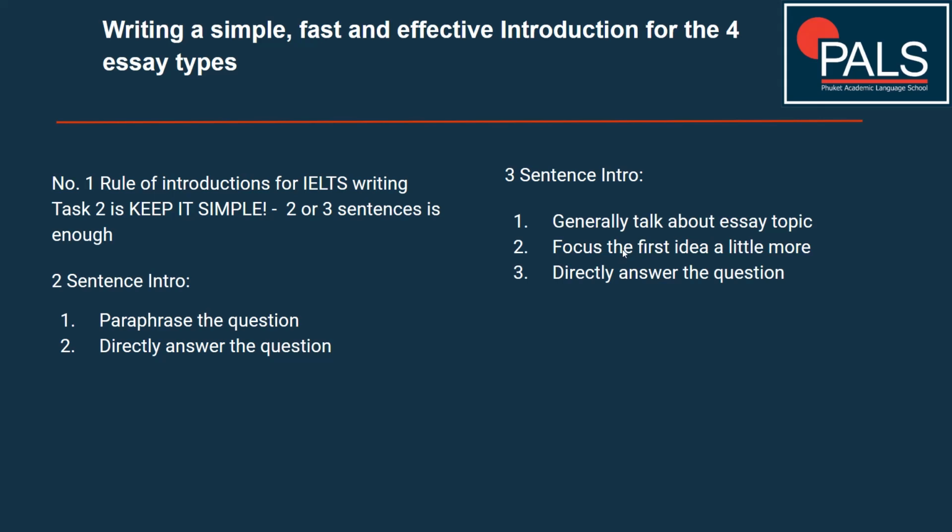The next sentence, you zoom in quite a bit more. You give more specific details. You can see more. You're giving the reader more. Okay, more details, more specifics. Then the last sentence, you directly answer the question. Okay, and with this you would zoom right in. You're being very specific here and telling the reader exactly what you're going to prove in the essay or discuss in the essay.